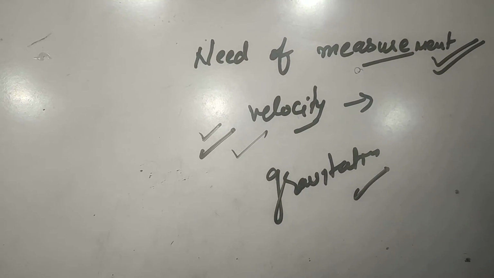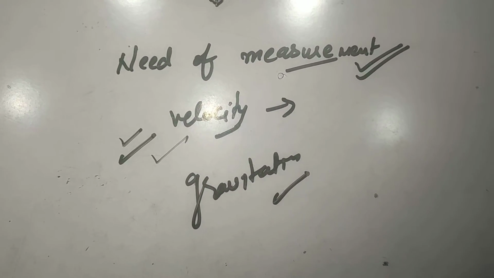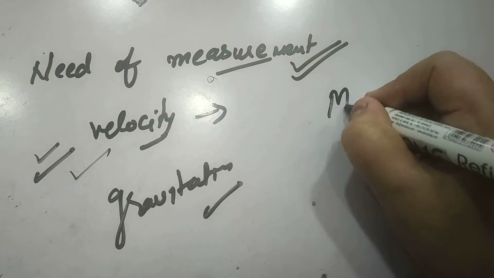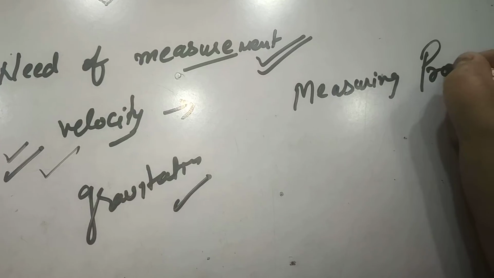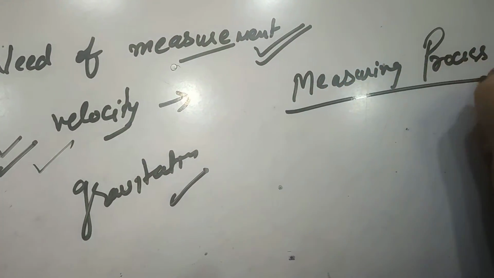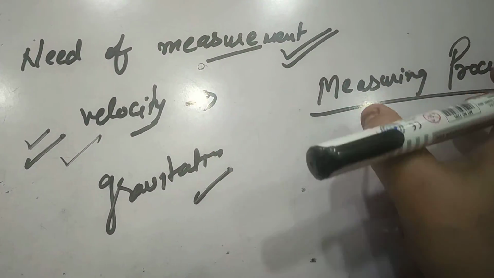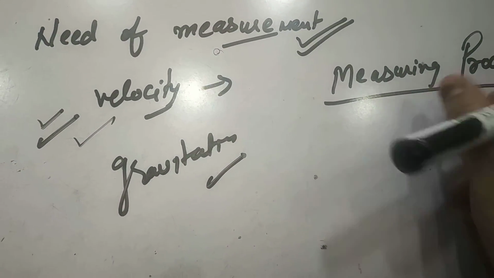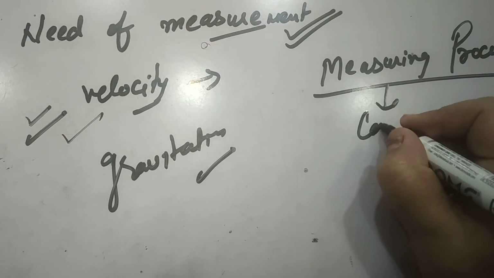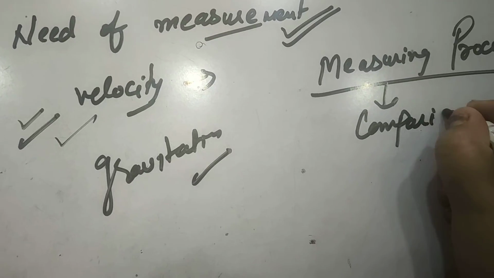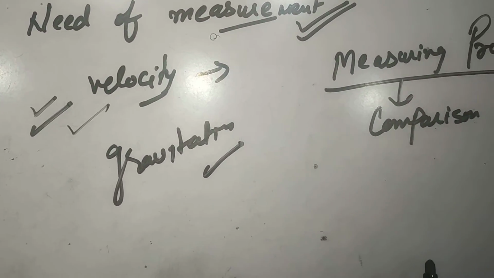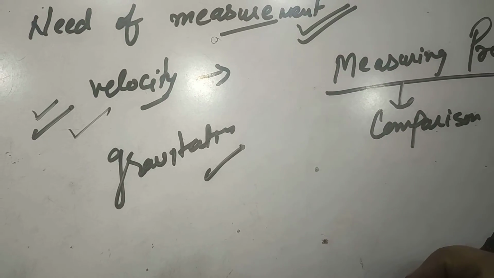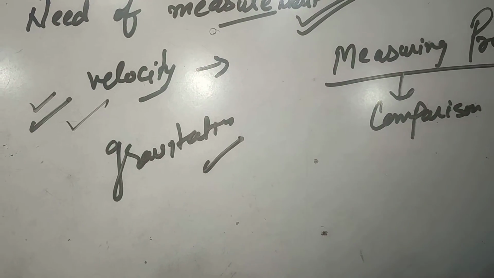Now the next question that comes to our mind, and which is actually our next topic, is the measuring process. Now what is the measuring process? Actually, measuring process means comparison. Measuring means comparison. When we compare one thing with the standard chosen, that process is called a measuring process.